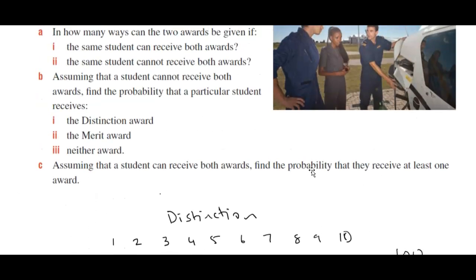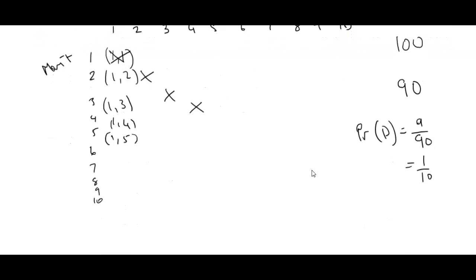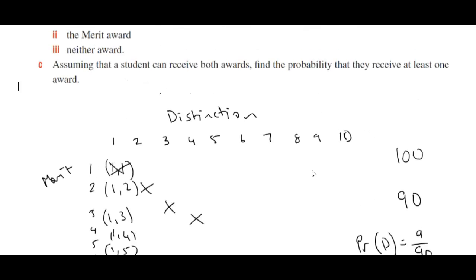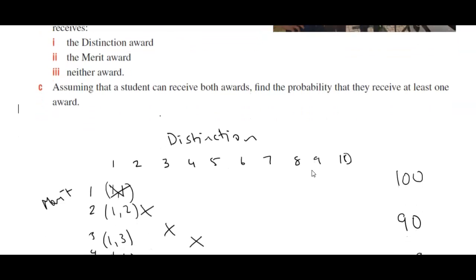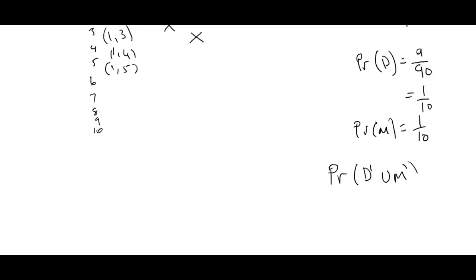Okay, the merit award, so it's going to be the same thing. So the probability of a merit is also going to be 1/10. And neither award is, okay, so the probability of not a distinction or a merit is sometimes easier to take away what you don't want.